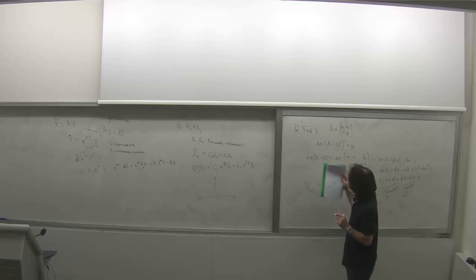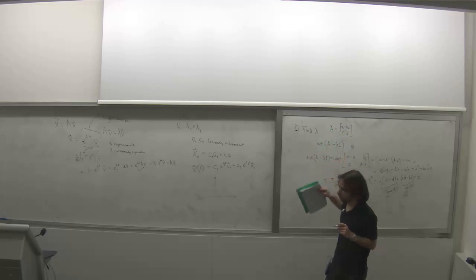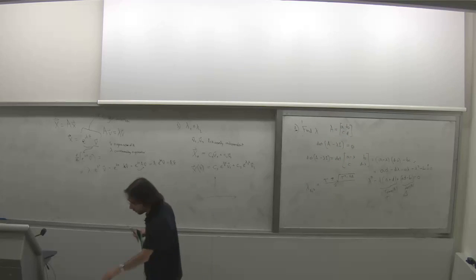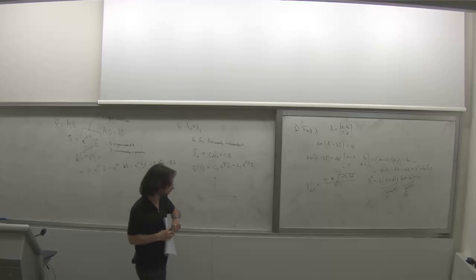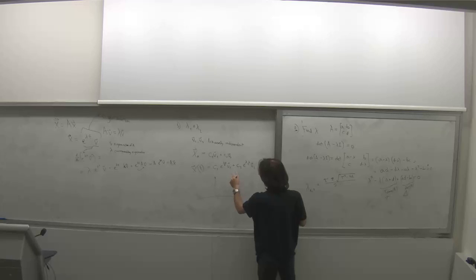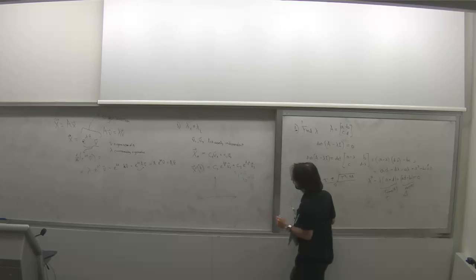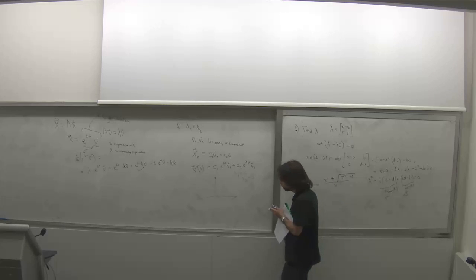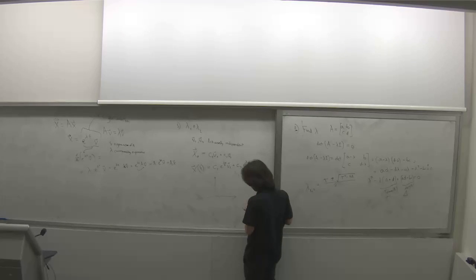I have a certain system with two eigenvectors, and instead of doing a complete example, I'll just assume here that lambda 1 equals 2 and lambda 2 equals 3. And I have two eigenvectors, v1 and v2.